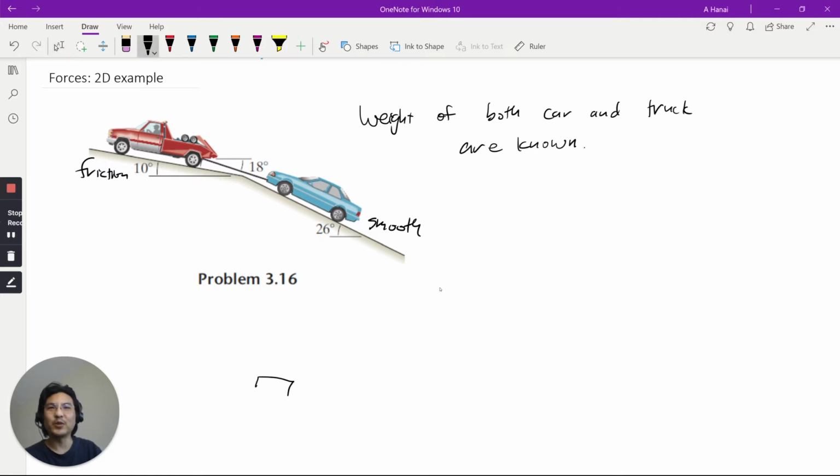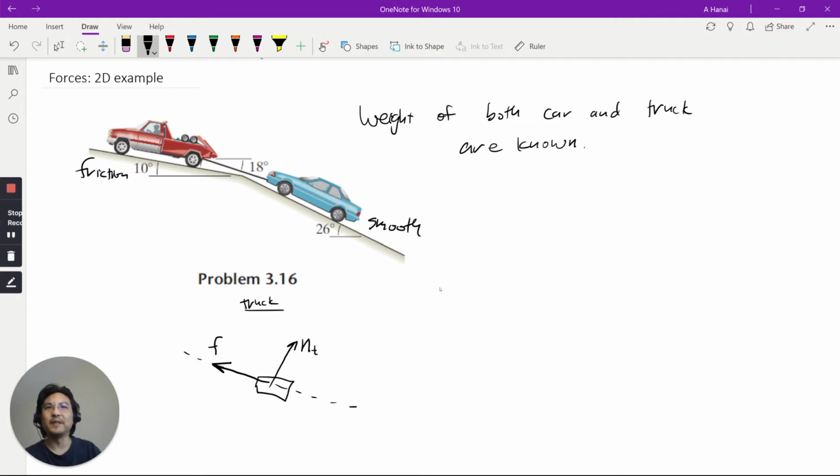So like here's the truck. So this is for the truck. There's some normal force, normal for the truck. And then let's say the road is like this. So there's some friction force keeping the truck from sliding back.